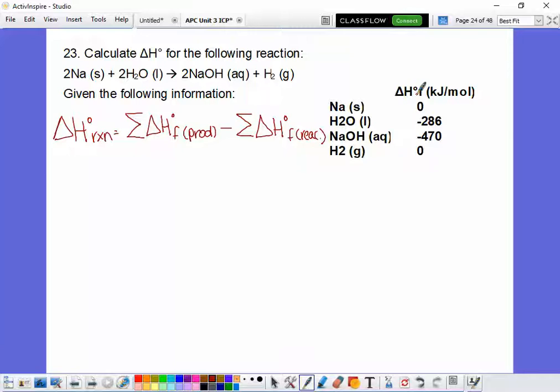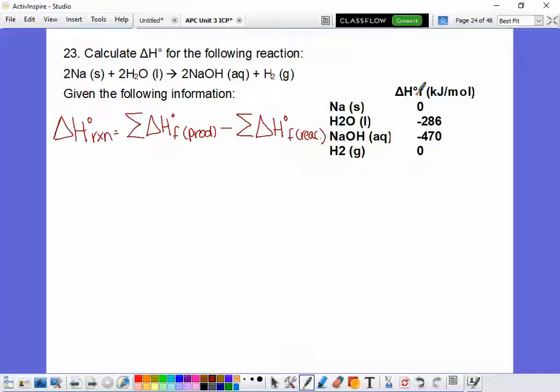Because after this problem, you will never again be given the delta HF for an element in its standard state. So if it's not given to you, you need to know that the reason it's not given to you is because it's 0. On the AP exam, they used to give you whole charts of all the delta HF values that you could possibly use for the entire exam.